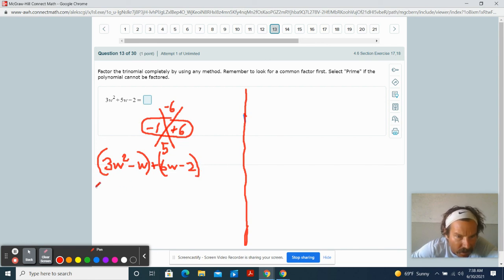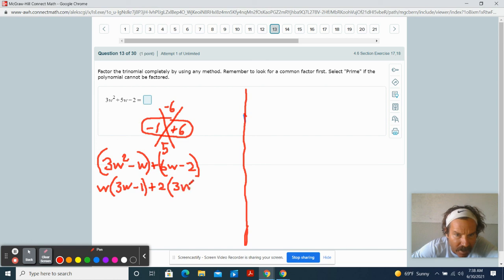How do you know it works? Well, you only know it works when you take out the common factors. The common factor here is w, so this is w times 3w minus 1. And we better get a 3w minus 1 over here. I'm going to take out a 2 because 2 goes into both 6 and 2. And then look what we have.